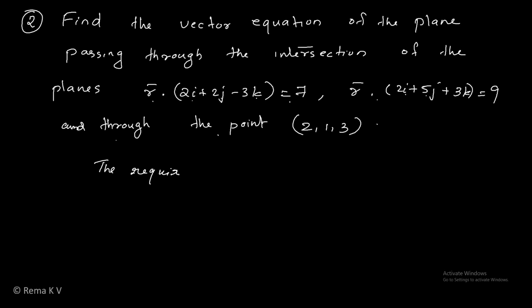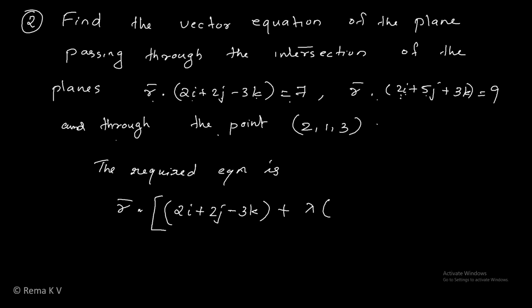So the required equation is r dot, see, we can write this as 2i plus 2j minus 3k plus lambda into 2i plus 5j plus 3k. This is equal to, right side is 7 plus 9 lambda.